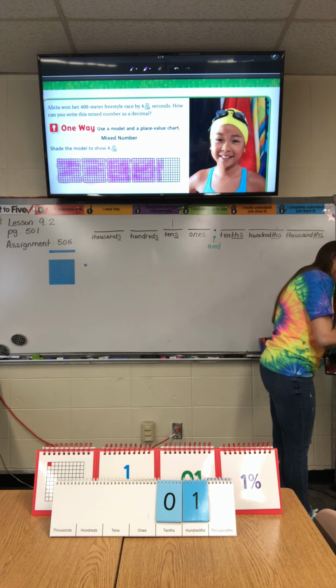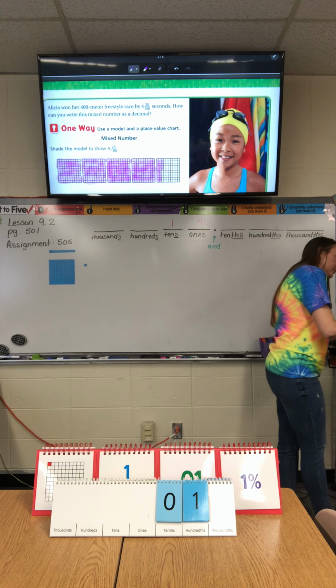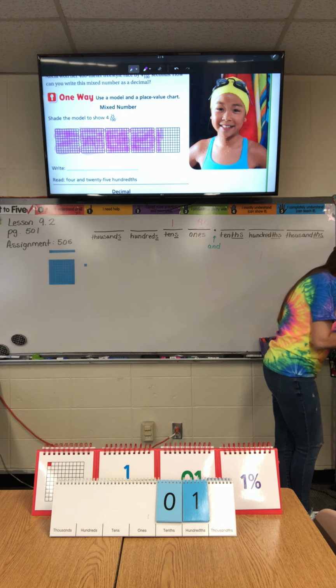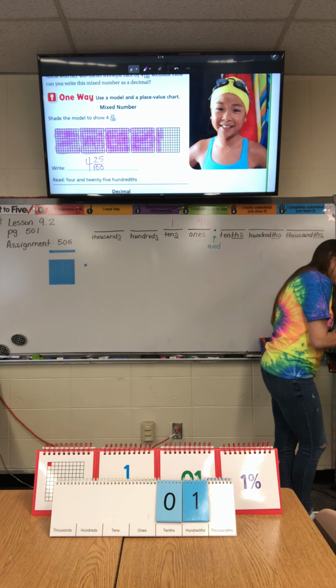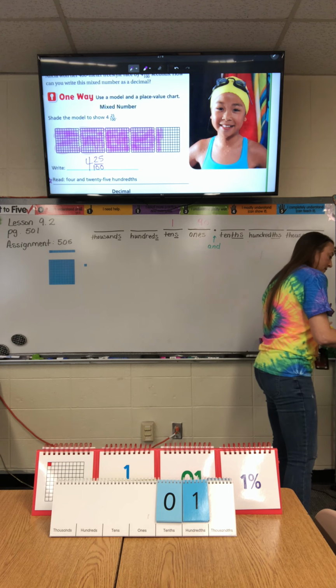Okay, so I have shaded 4 wholes and 25/100. So as a mixed number, that would be 4 and 25/100. And we read that as 4 and 25 hundredths.